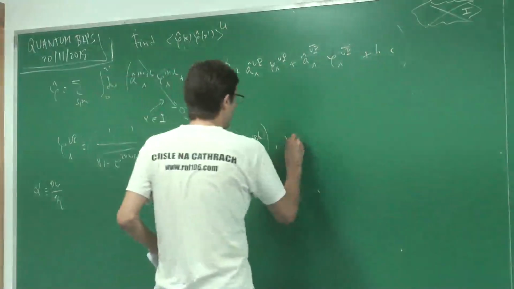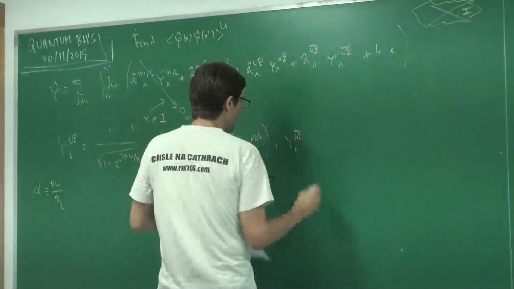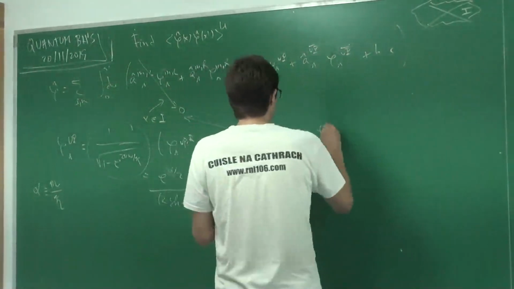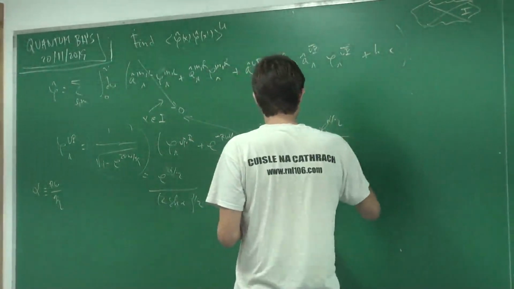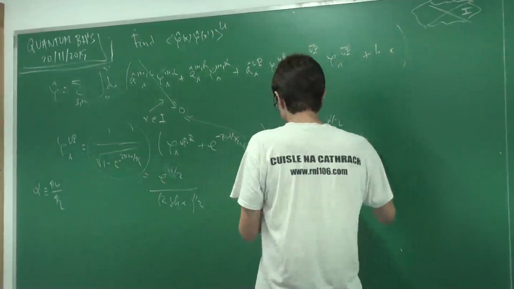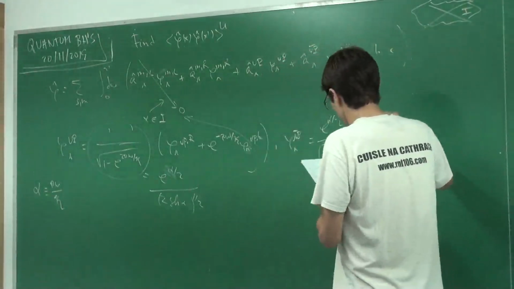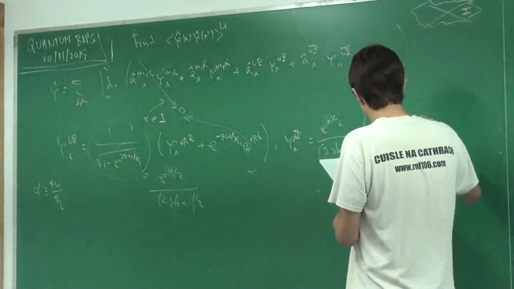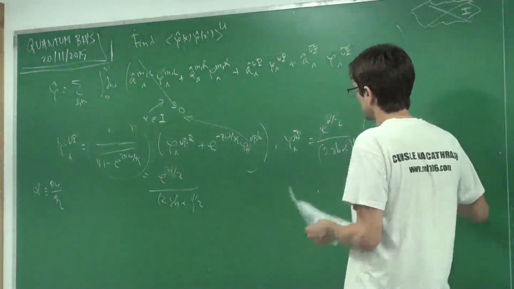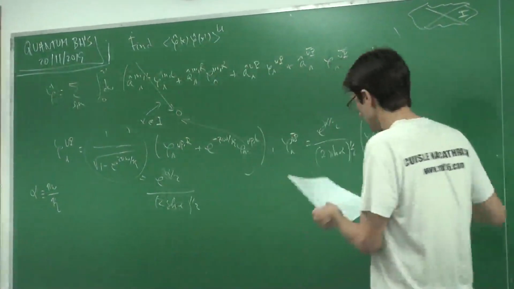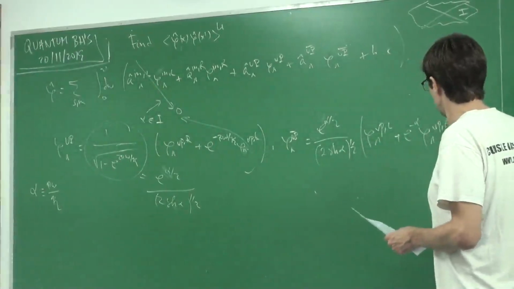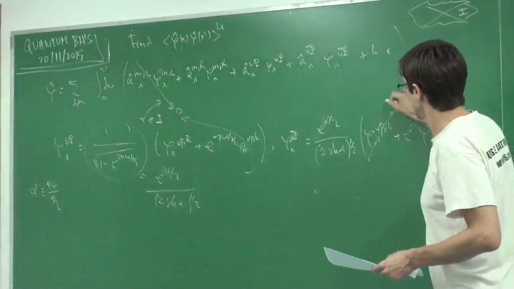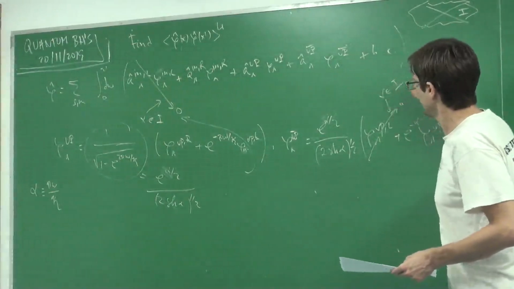The capital up bar modes, that's the same coefficient in front, and now you've got exponential of minus alpha, phi lambda up r star. Now again, this is 0 for x in region 1.